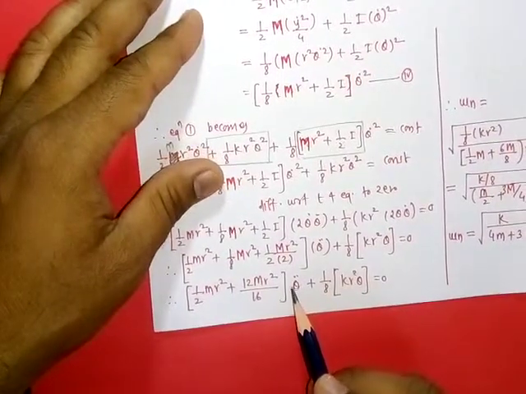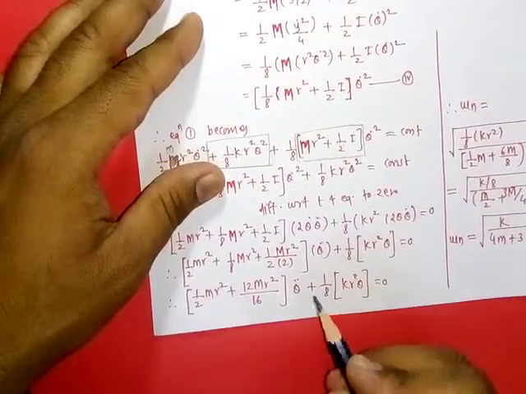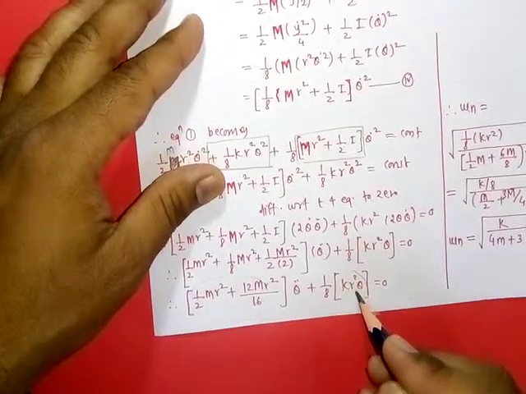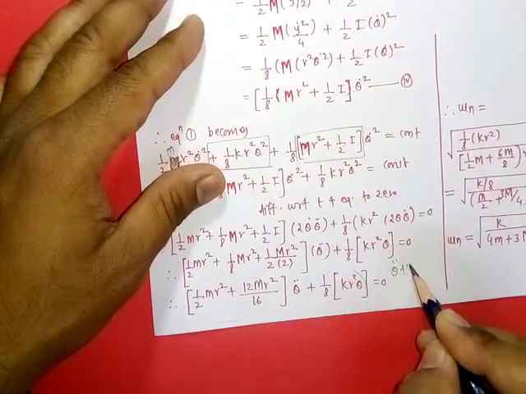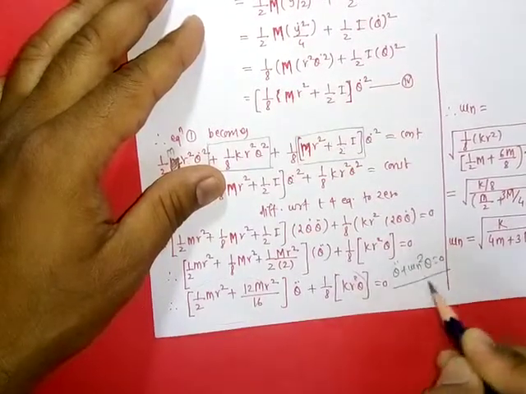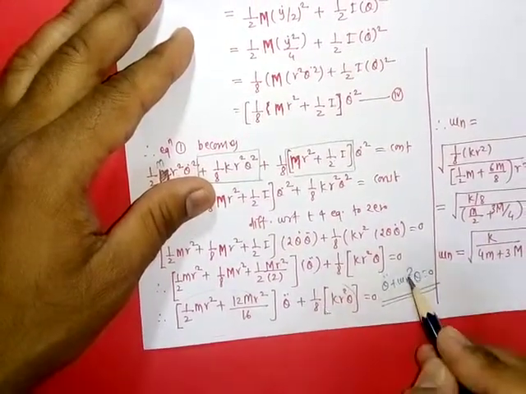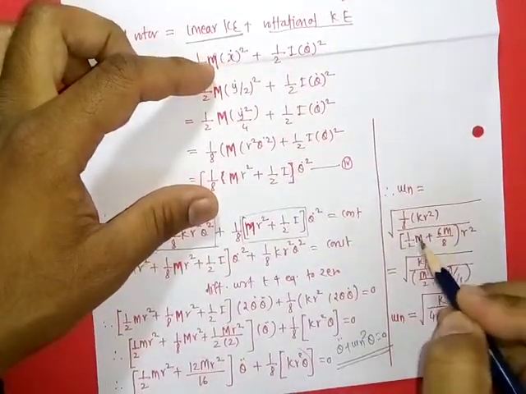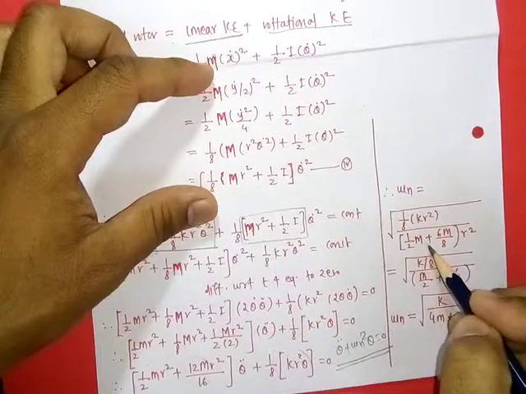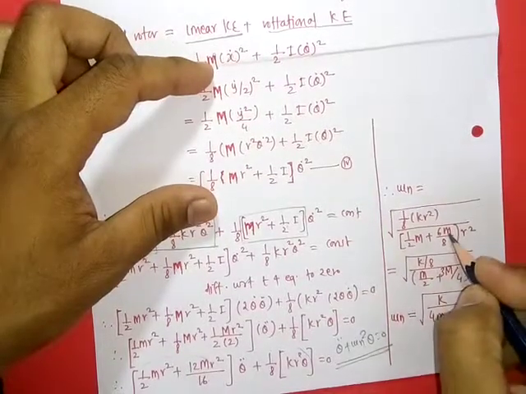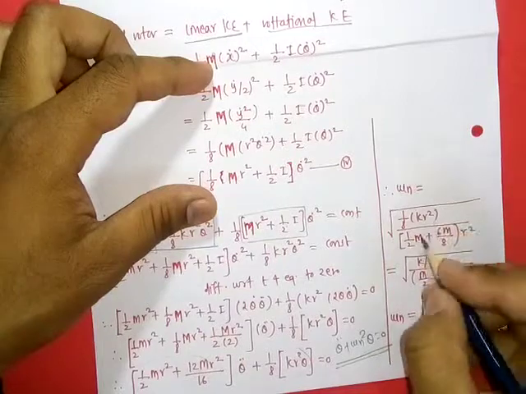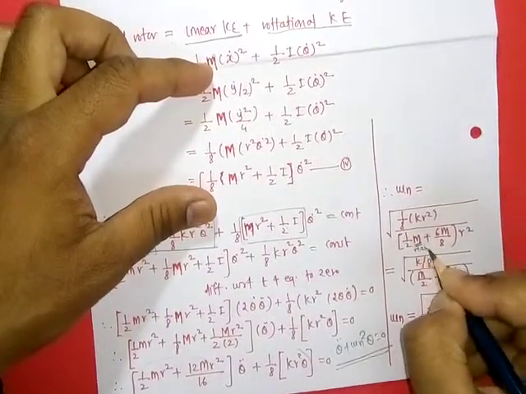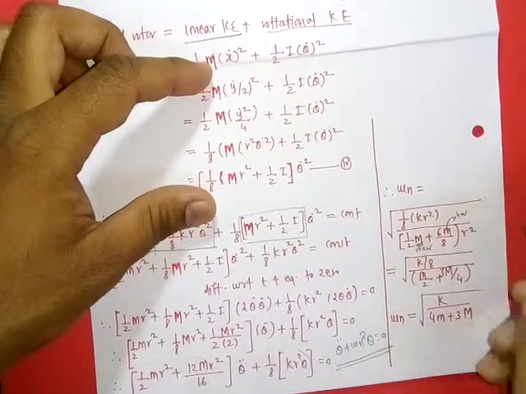Then converting it into standard form, we have to divide by the coefficient of theta double dot. If we compare this equation with our standard equation, then the natural frequency will be the root of 1/8 k r square upon 1/2 capital M plus small m, where small m is the mass of the weight and capital M is the mass of the rotor.